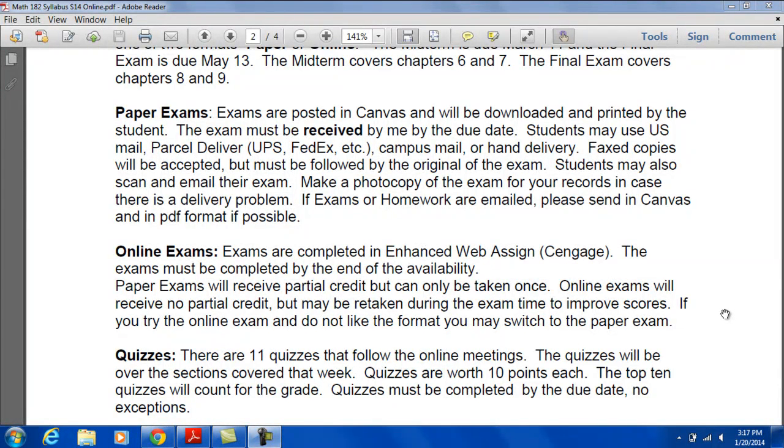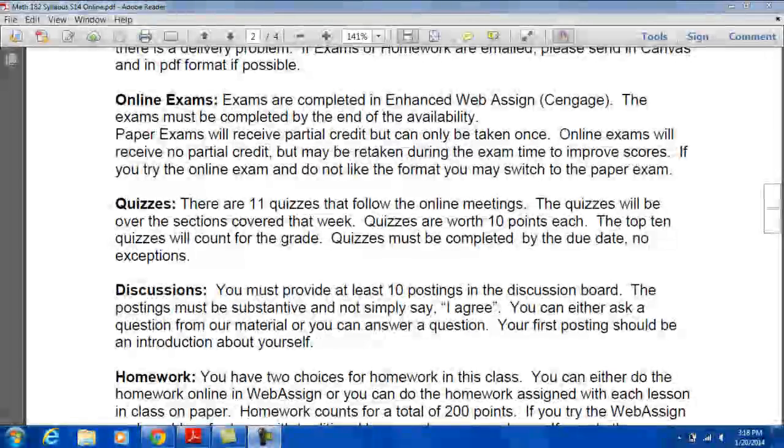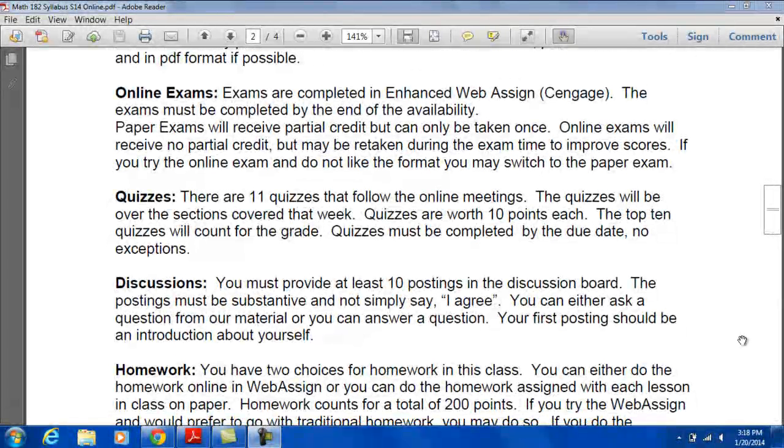You can also scan and email it to me or upload it in Canvas. I really prefer that. Uploading in Canvas is my first choice. If you're going to send me a paper version, make sure you make a photocopy of it for yourself. I'm not responsible for lost exams.